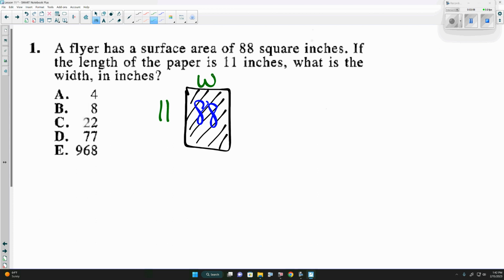Is the width going to be bigger than 88? No, so we know E is not going to be it. What can we do to find the width? Length times width will give us the area, so we're really just saying what times 11 is 88. That's it.